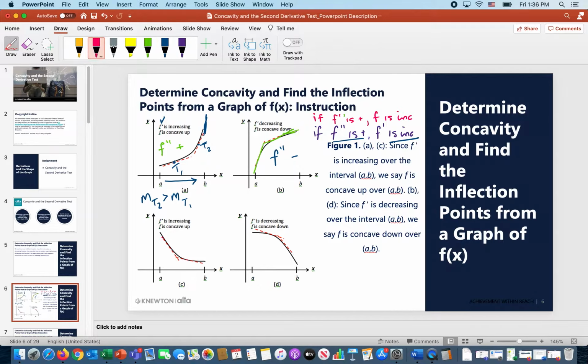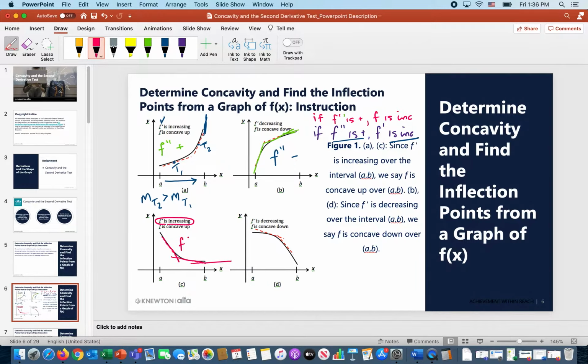In this case, we can see that our tangent line is negatively sloped. Now it's less negatively sloped. And if I continue, it will be even less negatively sloped. The point is that since these negative slopes are getting closer to 0, that is another way of saying that f prime is increasing.